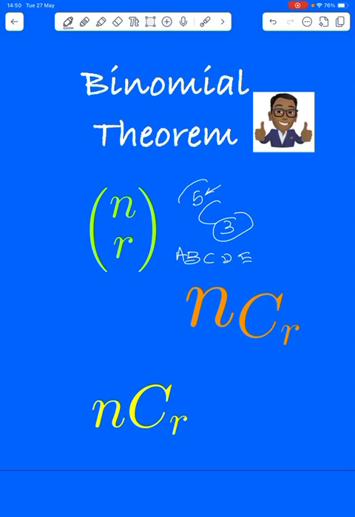It means the first one will be A, B, C. And then the next one is A, B, D. And the third one will be A, B, E, sorry. And then A, C, D, and so on and so forth. It'd be so troublesome to find them one by one, isn't it? So it's a headache. So might as well use formulas, right?